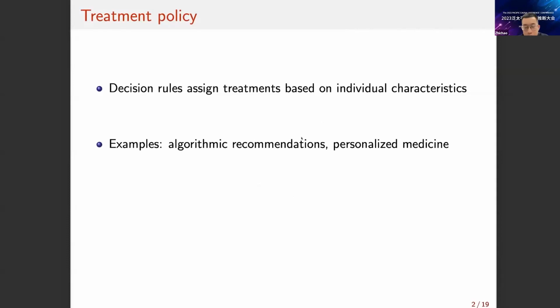There are many examples of treatment policies. Algorithmic recommendations use data and a model to predict the best treatment option for each individual. Personalized medicine takes into account each person's medical history or genetic information to determine the most effective treatment.